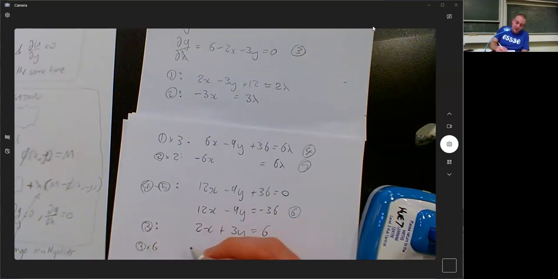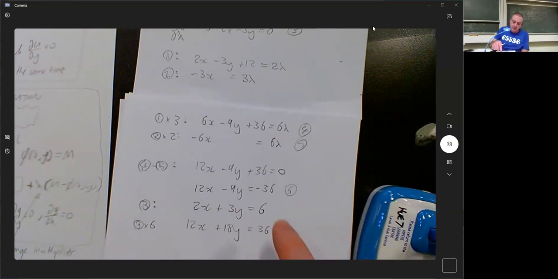So you multiplied it by 6, and so that gives you 12x plus 18y equals 36. And then you subtract the 2 of them, so you would go this minus this, or even better, this minus this. That would probably be better, wouldn't it?